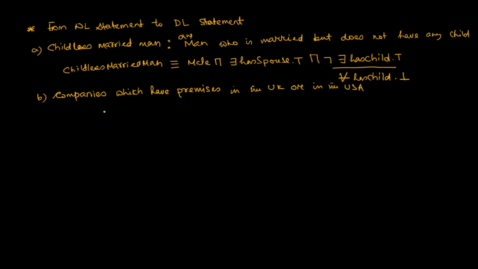So it will be kind of company, it will be a member of company first. Then we say there exists at least one location. It is located at least in one location, and the location is either UK or USA, right?